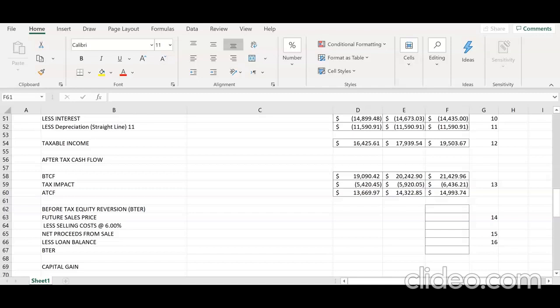To get the loan balance after 3 years, I used the PV Excel function, and then I subtracted 3 from the 30 term years, and multiplied that by 12 months. And finally, to get the before tax equity reversion, I deducted the loan balance from the net proceeds from the sale.